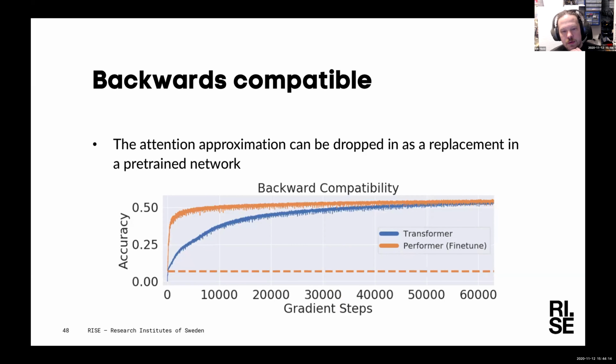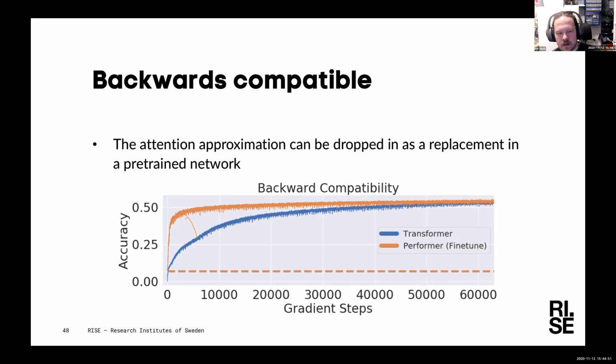Another really neat thing with this approximation of the softmax is that we can drop in a pre-trained model. We might already have a transformer, and we just replace its softmax. They show here, on the 1 billion word benchmark, which I think is a language modeling benchmark, though I'm a bit unsure, that they take a checkpoint of a trained transformer.